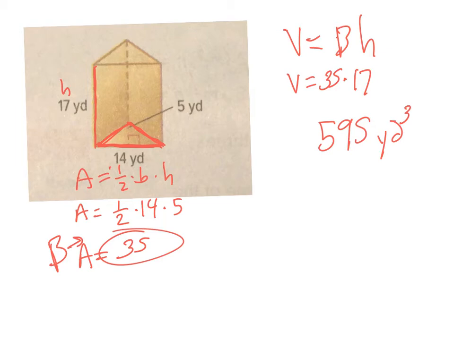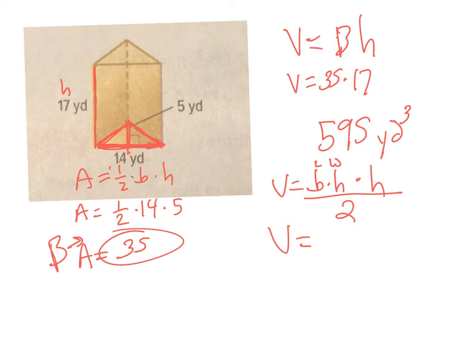Let's try something else. If I have the height and the base of a triangle, I wonder if I could just do volume equals small b times height times the height of the whole thing, and then divide everything by 2. You could say length, width, but I'm just going to do all 3 numbers. Volume equals 14 times 5 times 17 divided by 2.